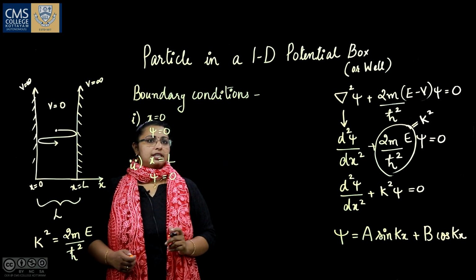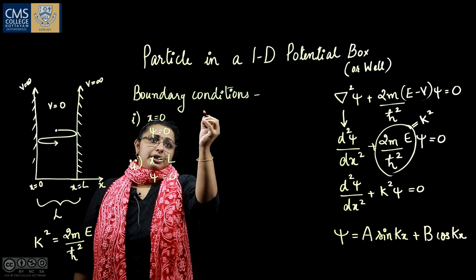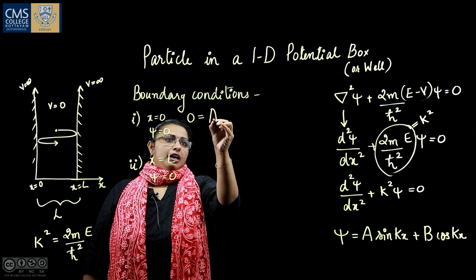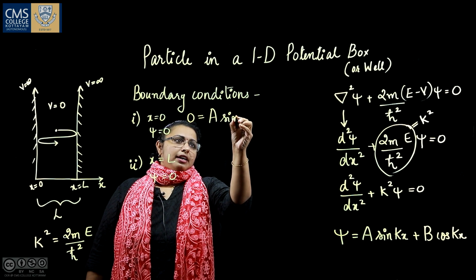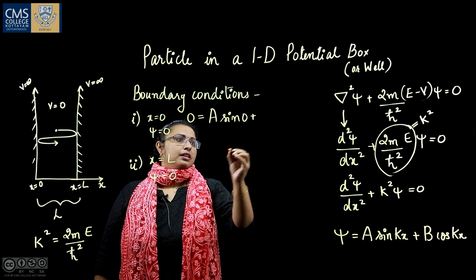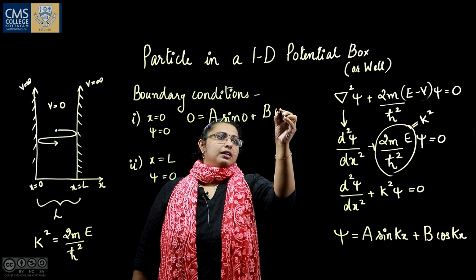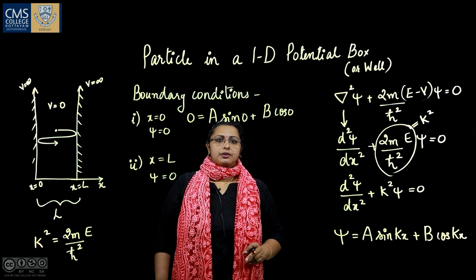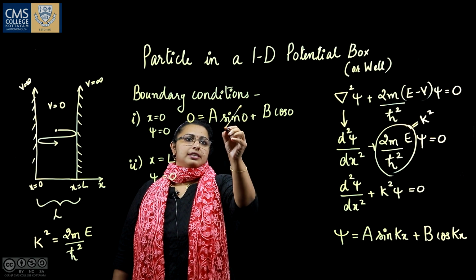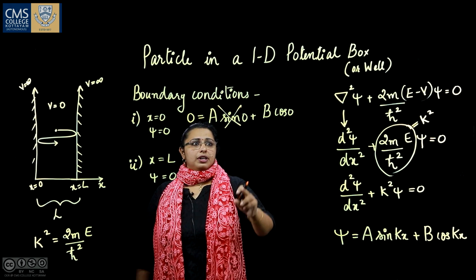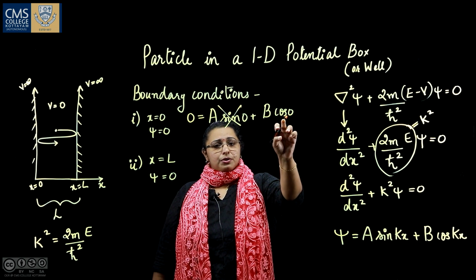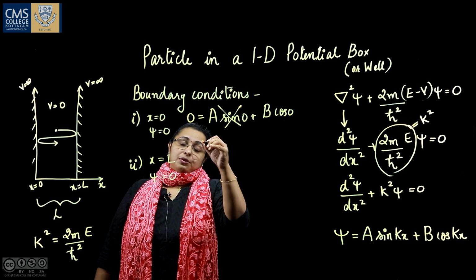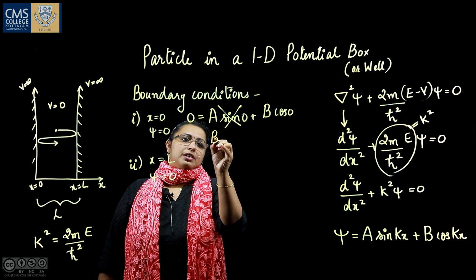So substituting in this equation, we get psi, which is 0, is equal to A sin 0 plus B cos 0. You already know that the value of sin 0 is equal to 0, therefore this term will get cancelled. You will only have B cos 0, where cos 0 is equal to 1. Therefore, the only thing remaining is B is equal to 0.